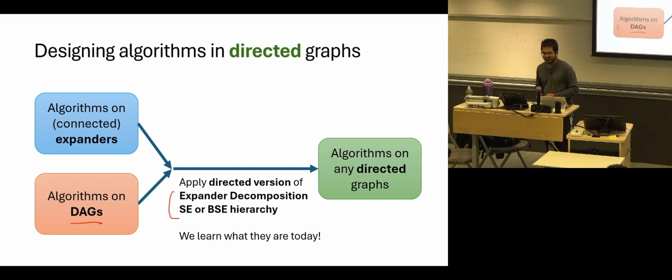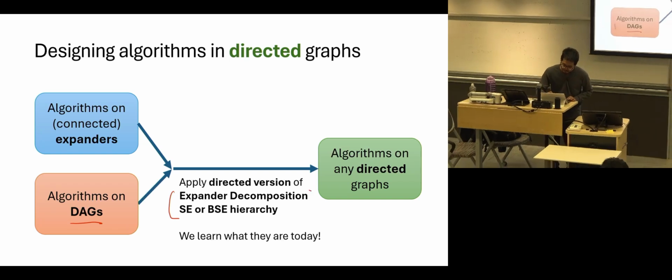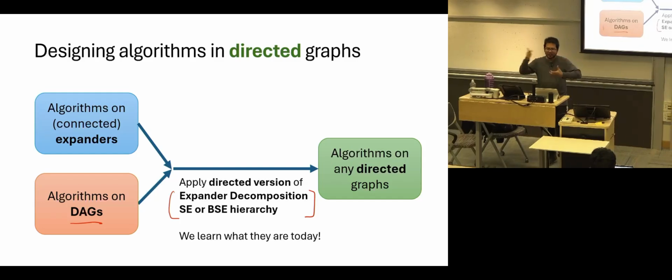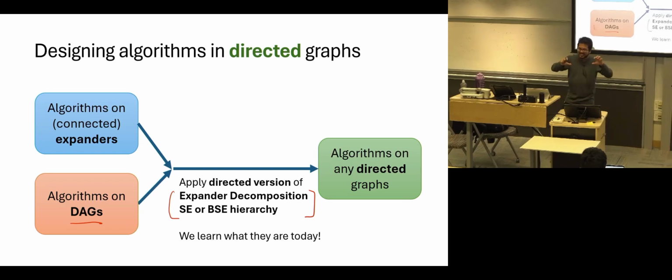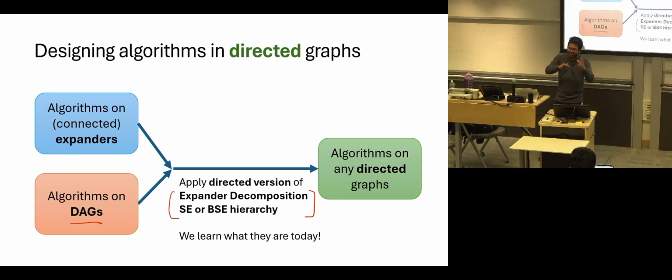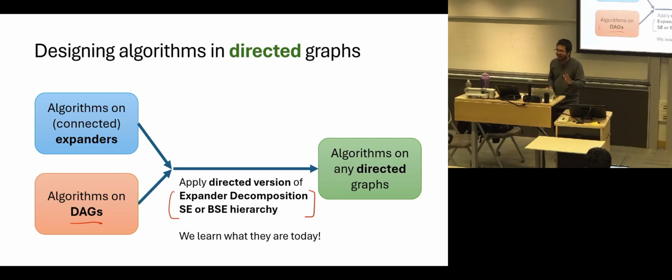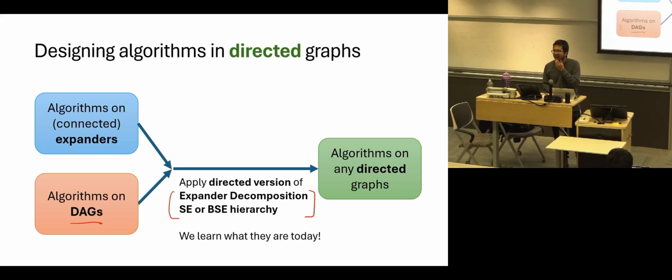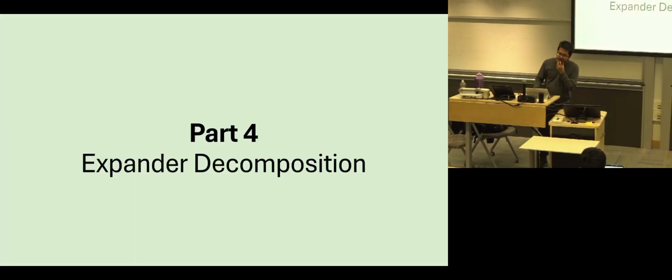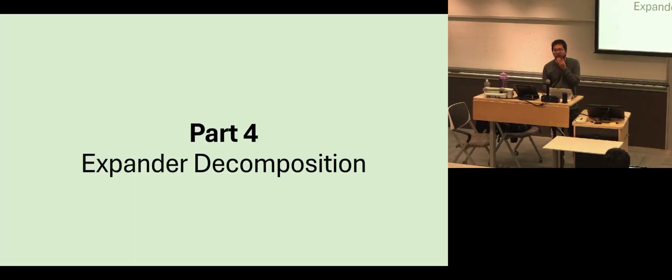Yeah, like stitch it together. Once you decompose it or get a hierarchy, it gives you a mixture of expanders, and the connection between them is DAG-like. Close enough to being a DAG. Okay, let's start with expander decomposition.